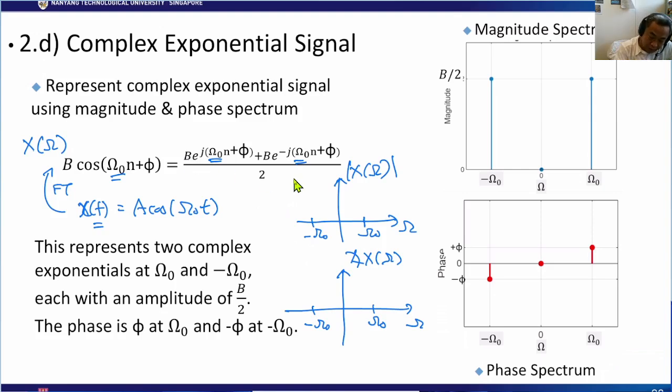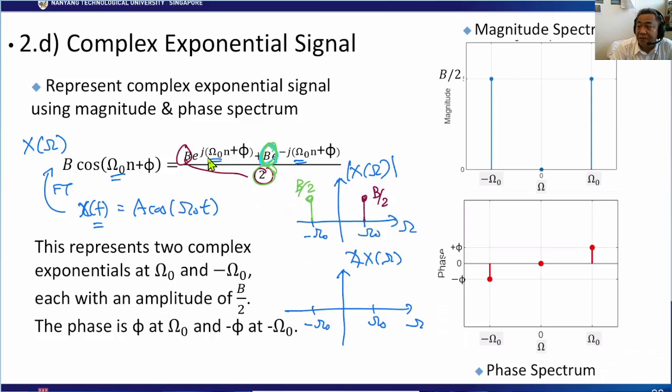So at this point, we're going to write B over 2 for the positive frequency, which is this guy, and at the negative frequency is this guy. So at the magnitude, we have B over 2 at both positive and negative frequency.